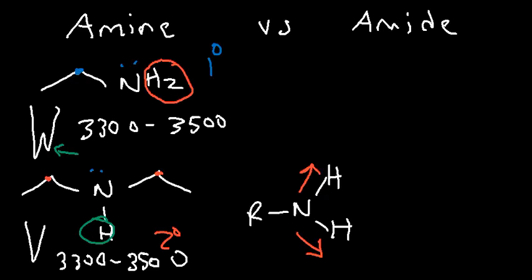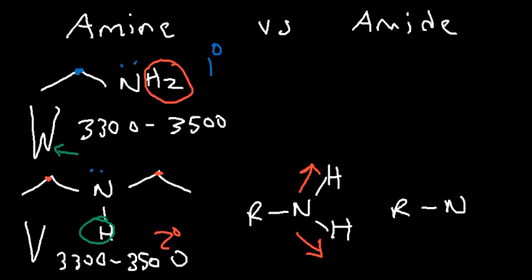This would be an example of a symmetric stretch, so to speak, because the hydrogens are both being pulled outward away from the nitrogen. So that's a symmetric stretch. If I said symmetric bending, I meant to say symmetric stretch, by the way.